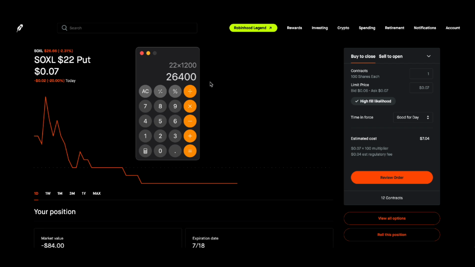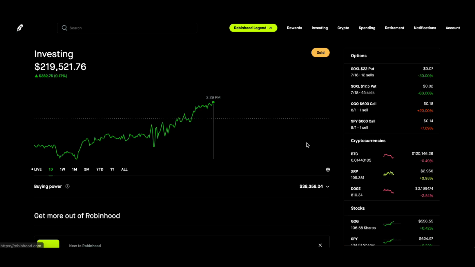On $26,400, along with the margin money, I'm able to make $270, which is over 1% total return in a week, which is amazing, because if you expand that over a year, that's over 50% return on investment.